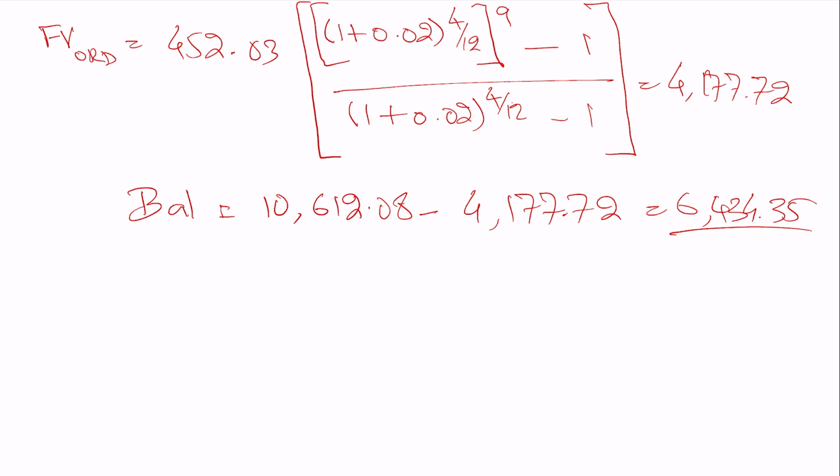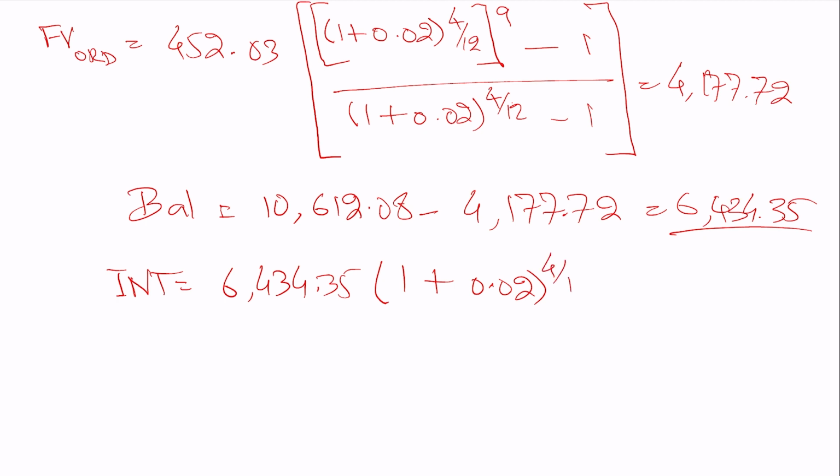We're going to start with the formula. The formula is INT, which is balance, 6,434.35 into 1 plus 0.02 exponential 4 by 12 minus 1, equal to 42.61.